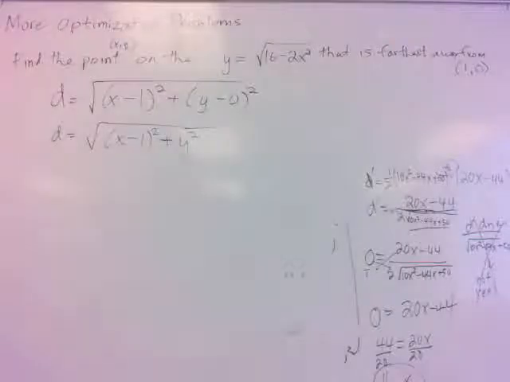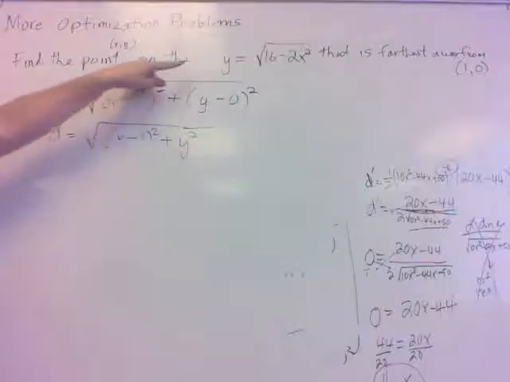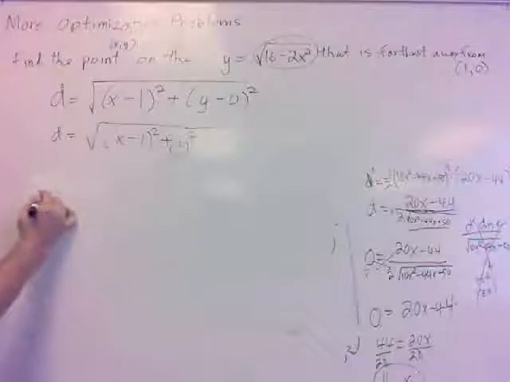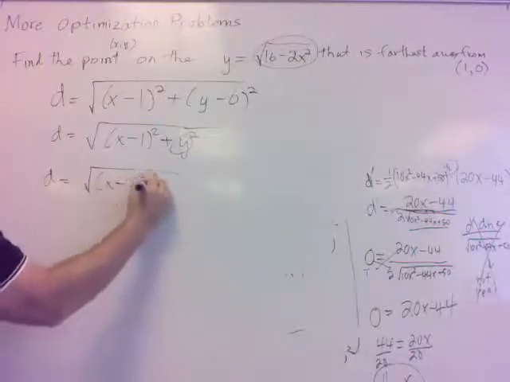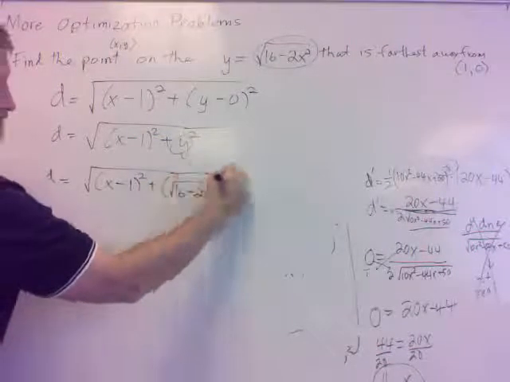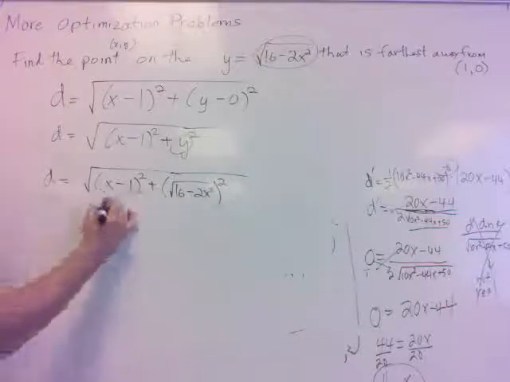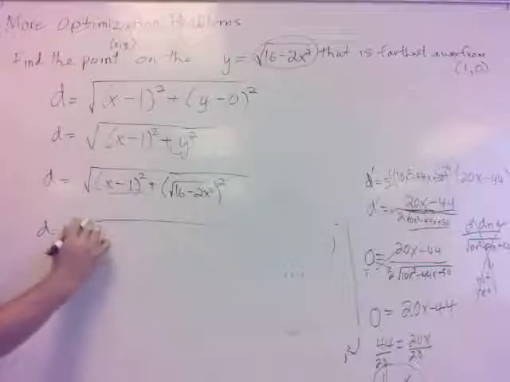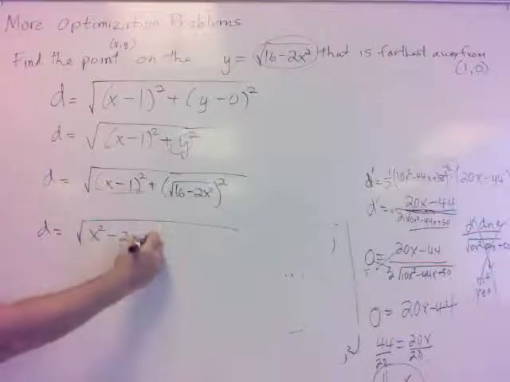What do I need to do? Well, I need to get rid of this y. How do we get rid of the y? Well, y equals square root of 16 minus 2x squared, so I'm going to replace y by that. And again, I want to square this out. x minus 1 twice, so that would be x squared minus 1x minus 1x minus 2x plus 1.